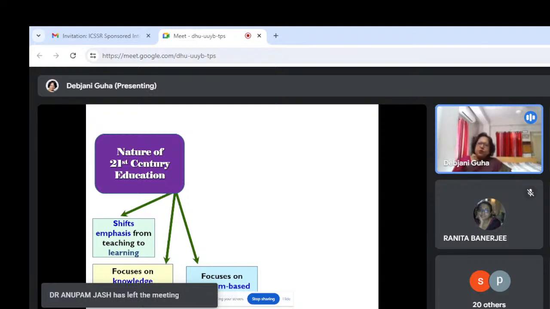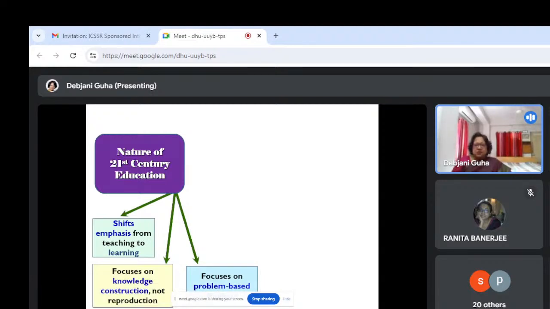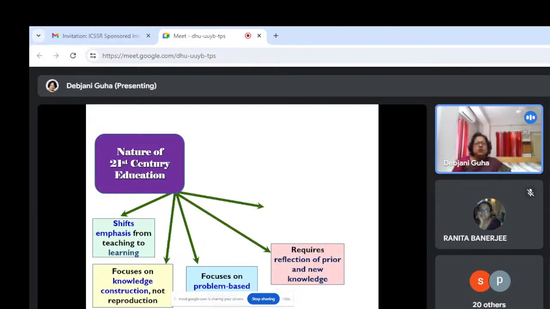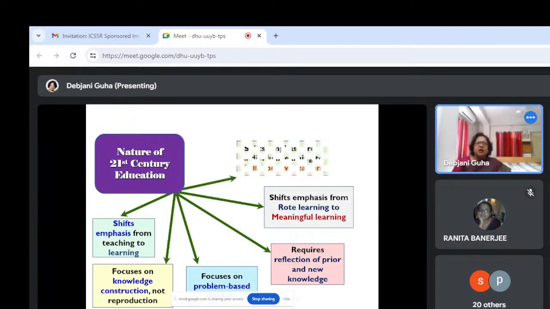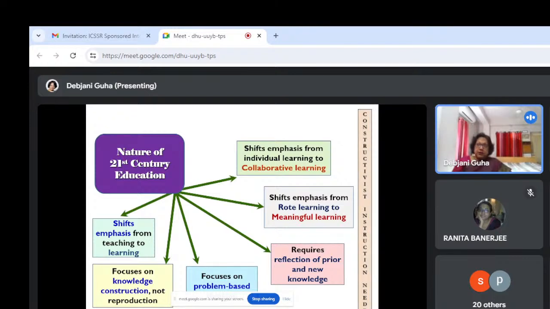It focuses on problem solving, problem-based thinking, not on cramming. It requires reflection of prior and new knowledge. It shifts emphasis from rote learning to meaningful learning. And finally, it shifts emphasis from individual learning to collaborative learning.